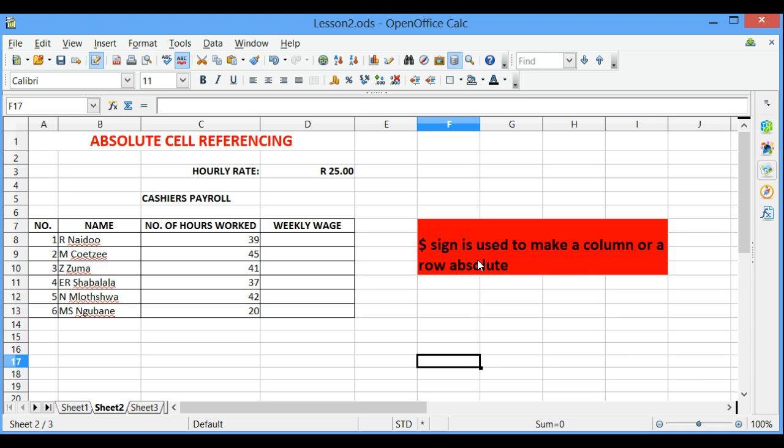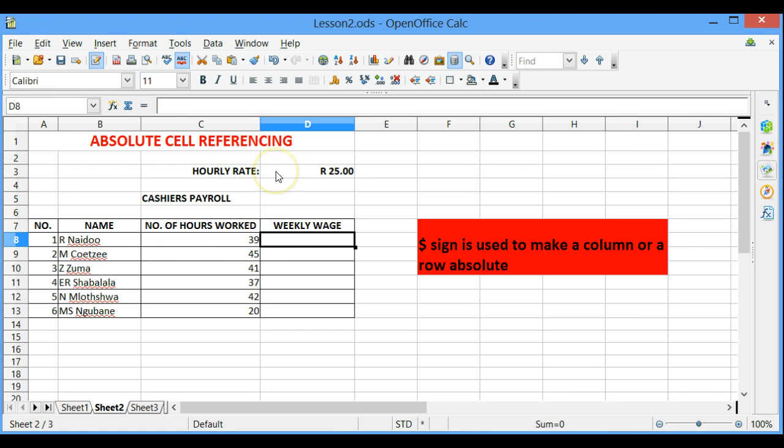Let us look at our example for a cashier's payroll. We need to calculate a formula in cell D8 that is going to calculate the total weekly wage for our employees. The weekly wage will be calculated by the number of hours worked per week times the hourly rate.